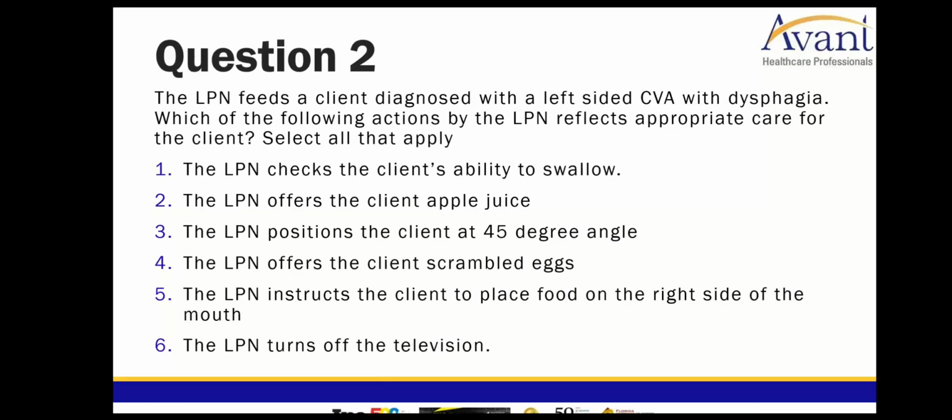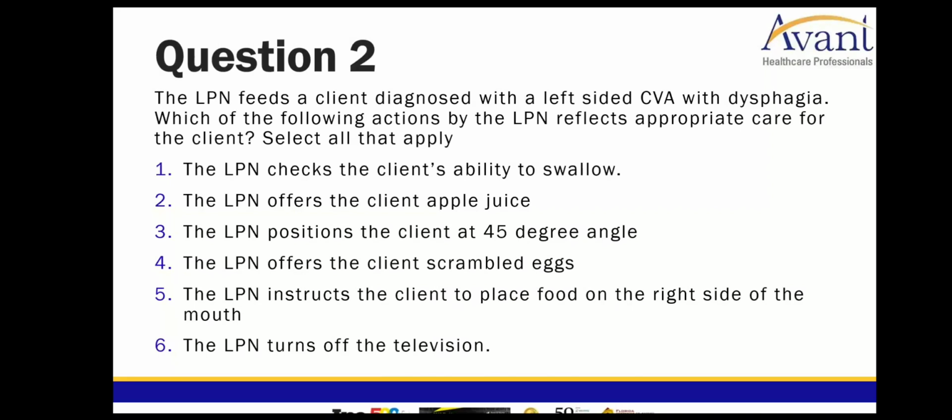So let's take one at a time. Let's take a look at number 1. The LPN checks the client's ability to swallow. Well, it's the LPN that has been assigned to feed the patient in this scenario. So even though the initial assessment, we all know, belongs to the registered nurse, the LPN is getting ready to complete a task.